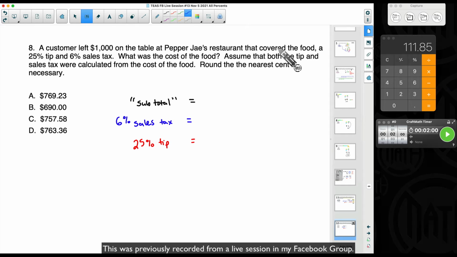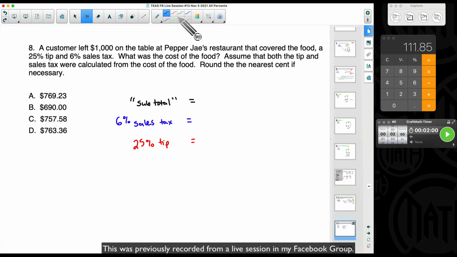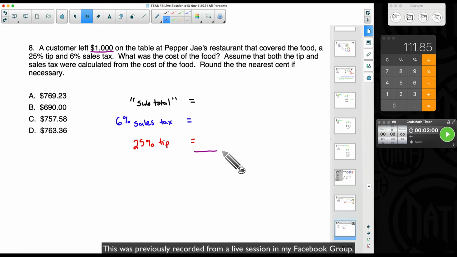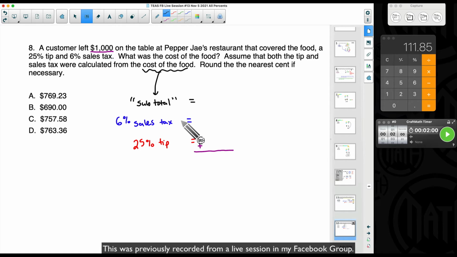And that covered everything. It covered the food, a 25% tip, and the sales tax. This $1,000 represents the total, the grand total. So we want to come back when we add up the subtotal, which is the cost of the food. When we add that plus the sales tax plus the tip, this is going to be $1,000.